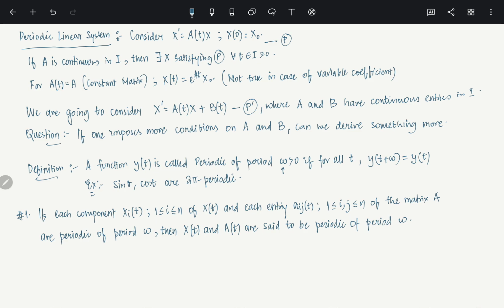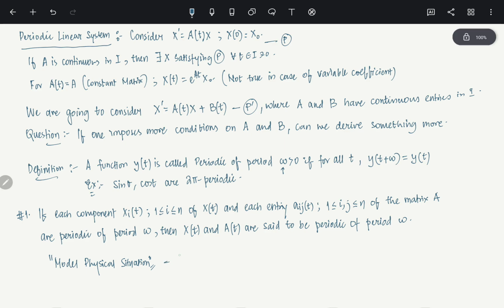Now periodicity is a very important aspect of study. Why? Because when we study a system or an equation, essentially what we are trying to do is model physical situations. If you think about it carefully, most physical situations which we deal with are generally periodic.